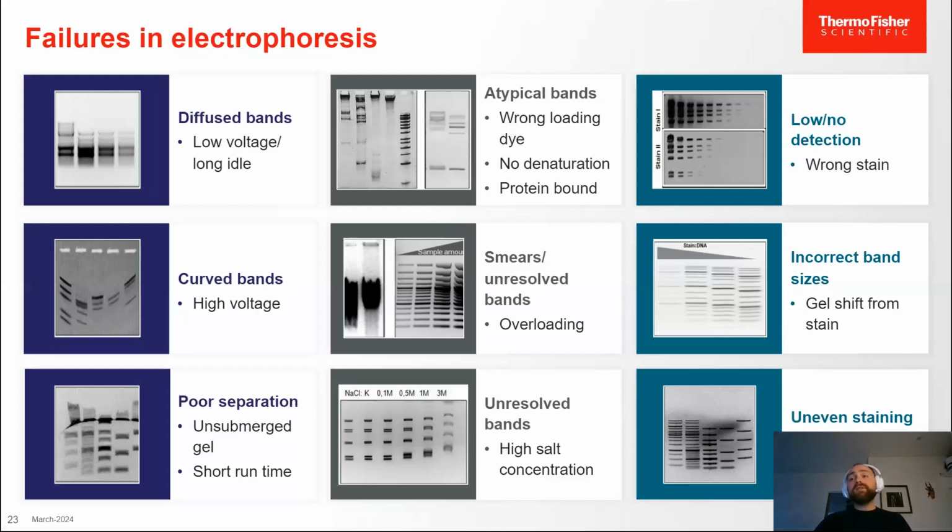Uneven staining can happen if you didn't prepare your gel properly, if you're using very large amounts of stain, or if there's dirty buffer in your tank. So it's important to change the buffer that you are running it in.